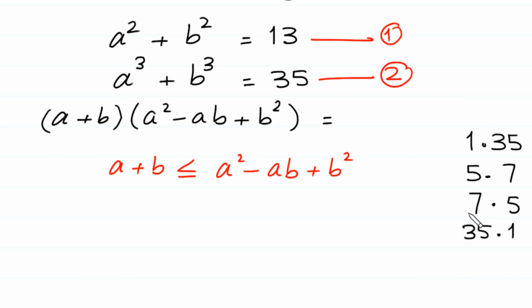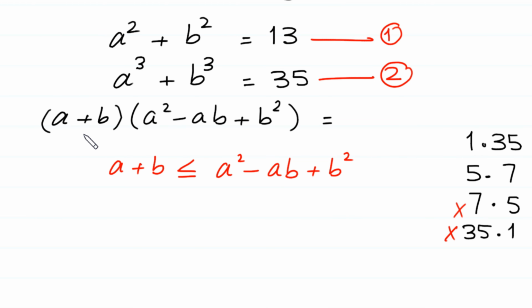So these two cases, 7 times 5 and 35 times 1, will be rejected because 7 is greater than 5 and 35 is greater than 1, and a plus b cannot be greater than a square minus ab plus b square.